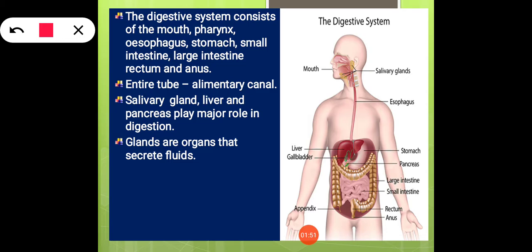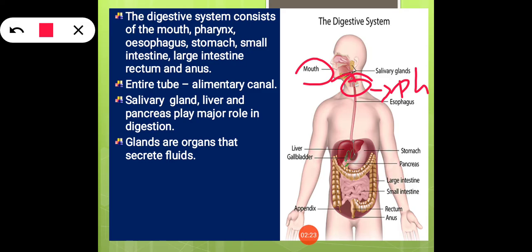Look at the picture. The process of digestion takes place from the mouth. The food is chewed and swallowed through the pharynx. Pharynx is the throat part where the respiratory tract and the digestive tract are present.